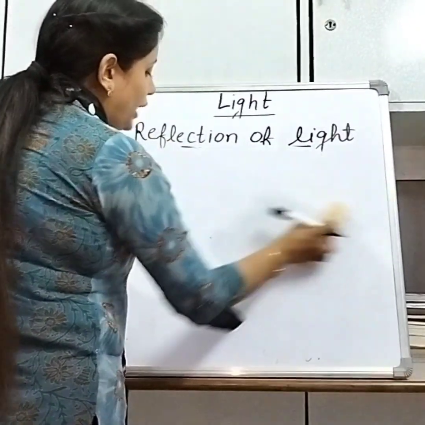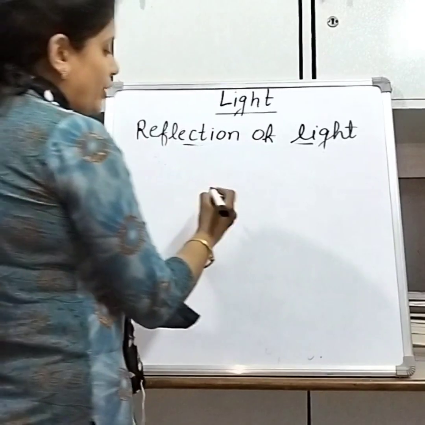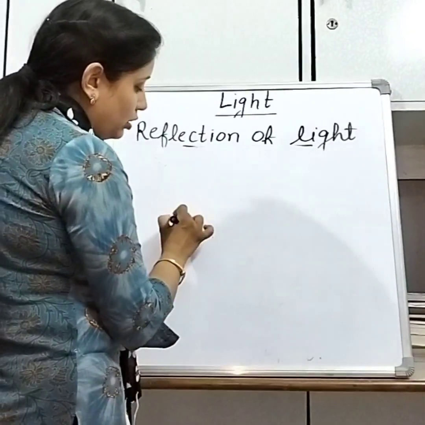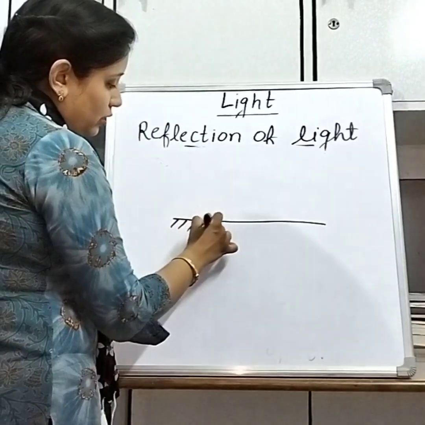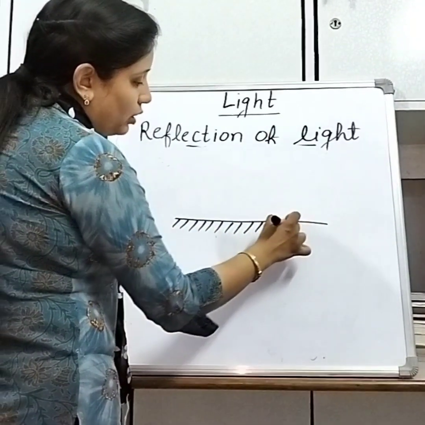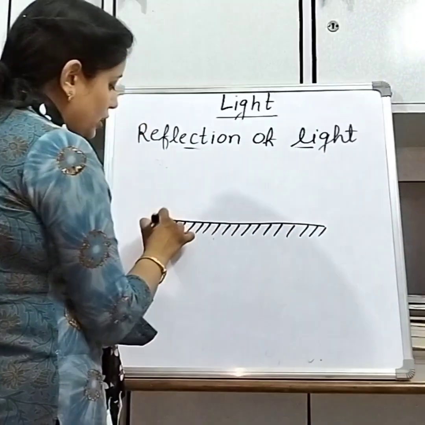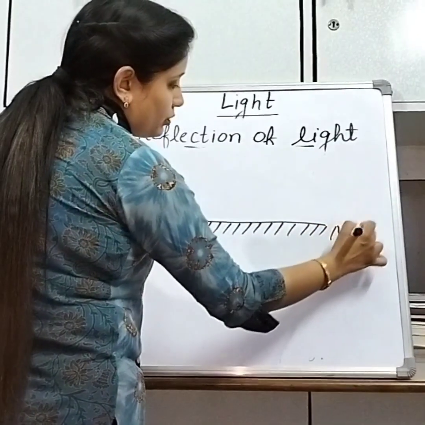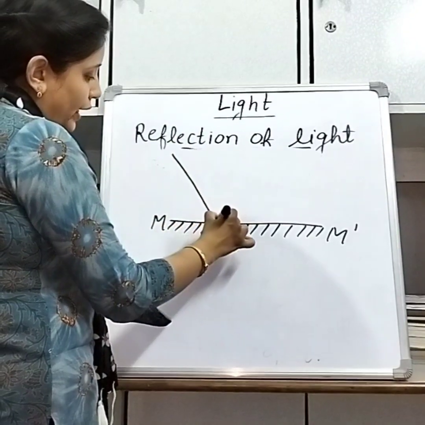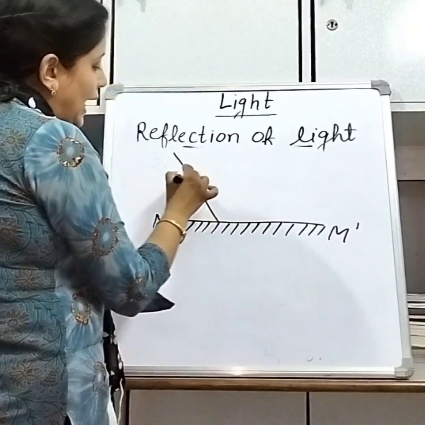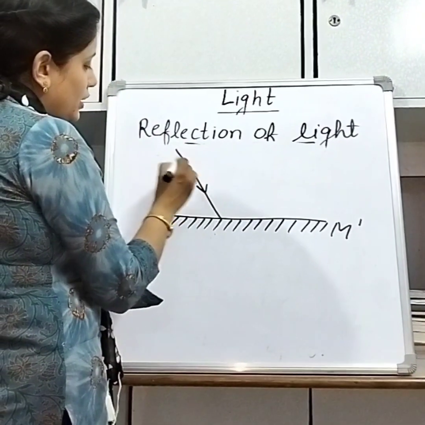Now with the help of a diagram, what is reflection of light? Suppose we have a plane mirror. This is the back side of the mirror. The name of the mirror is M dash. The ray of light coming from the object towards the mirror is known as the incident ray.